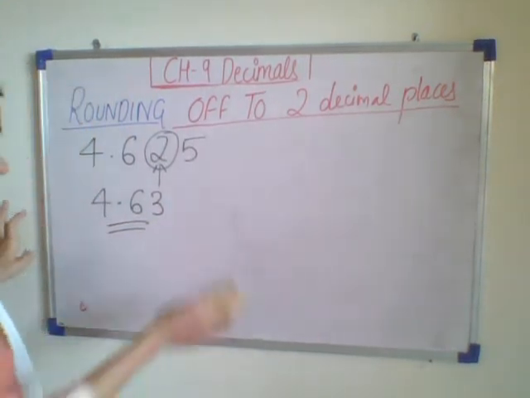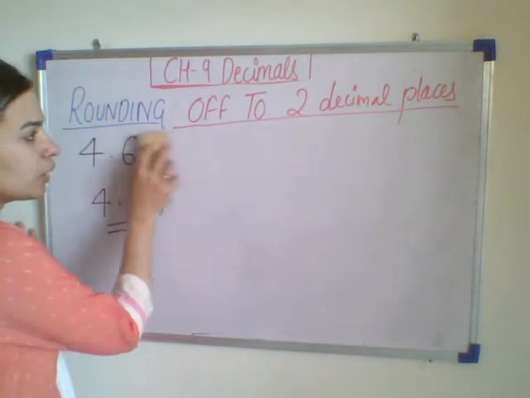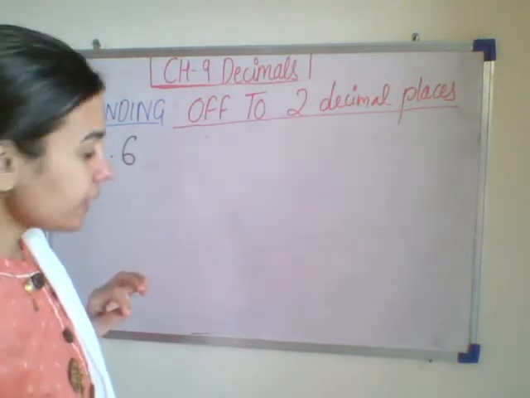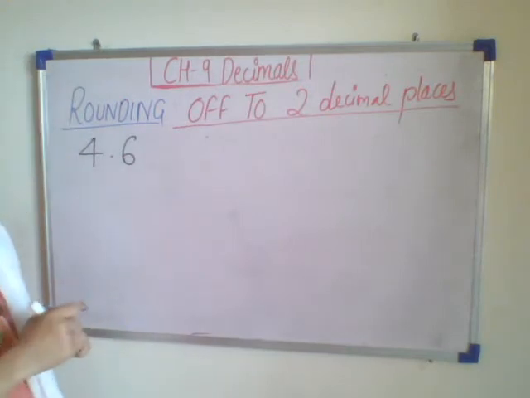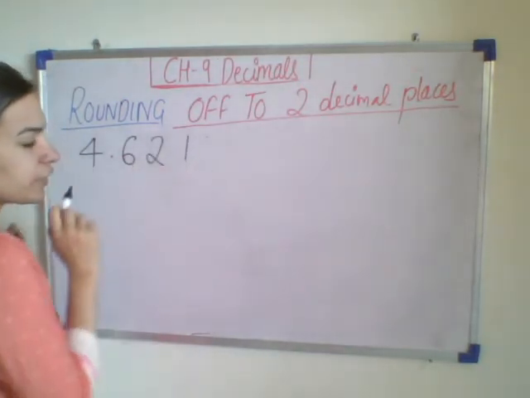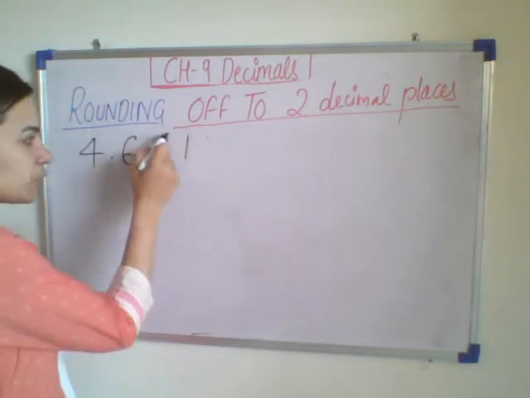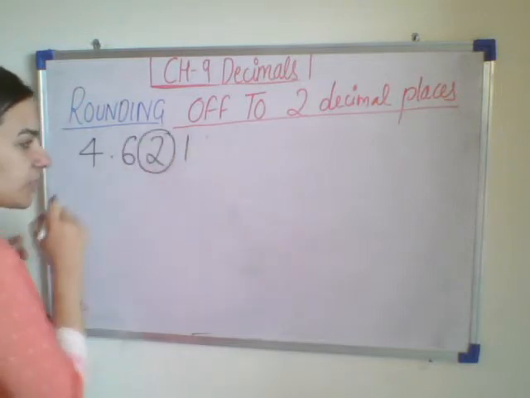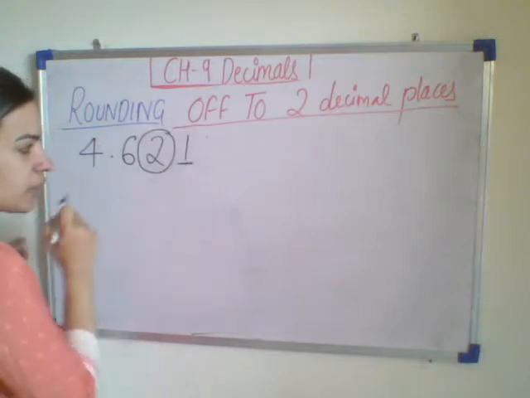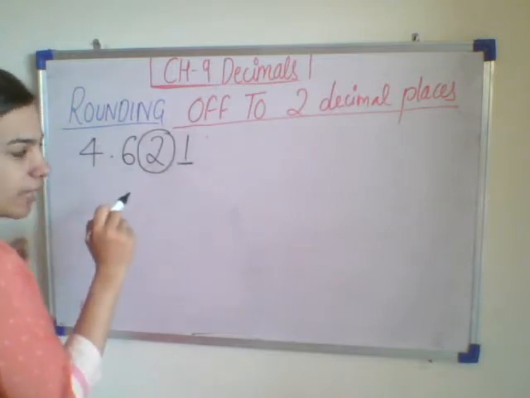Now let us take the same example. We have to round off to the 2 decimal places only. Let me write the same number, that is 4.621. We have to round off to the 2 decimal places. This is the 2 decimal places. The number at the right is 1. Now 1 is smaller than 5.